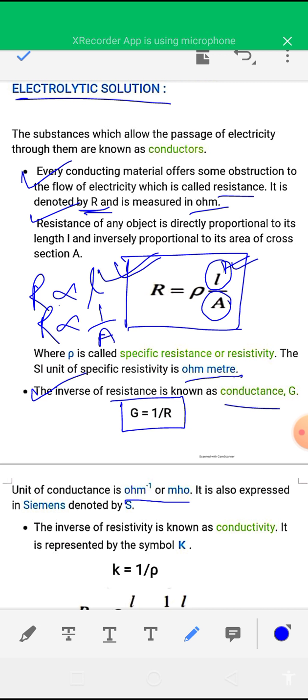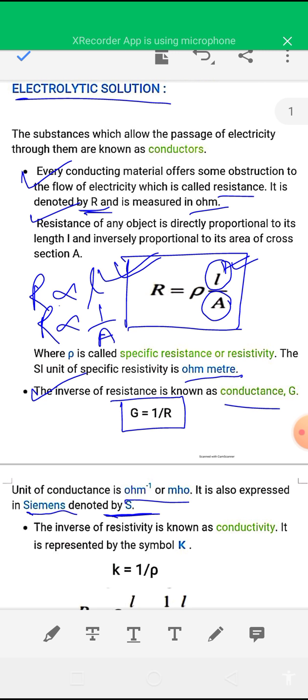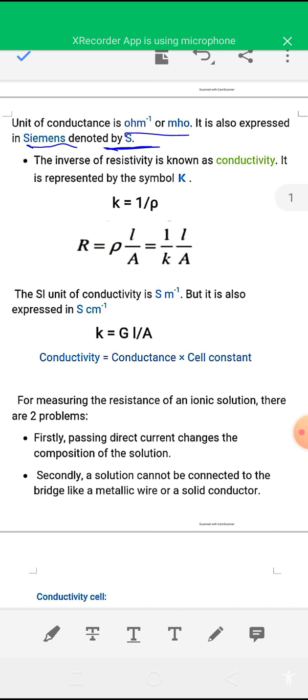In the SI system, the unit of conductance is Siemens, denoted by capital S. So Siemens is the SI unit of conductance, and another unit is mho, or ohm inverse.